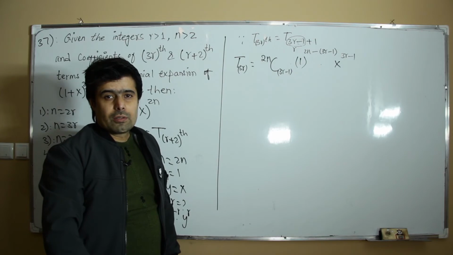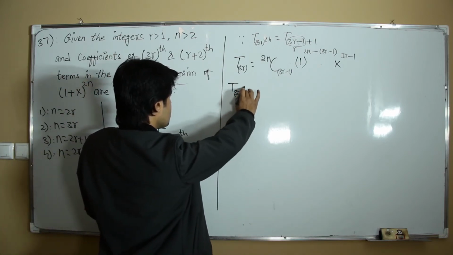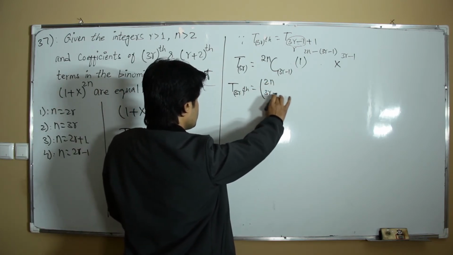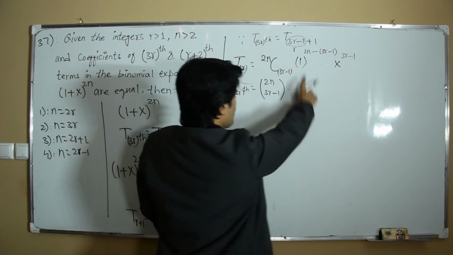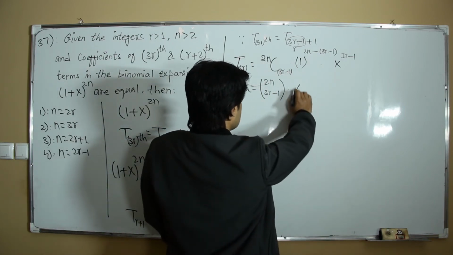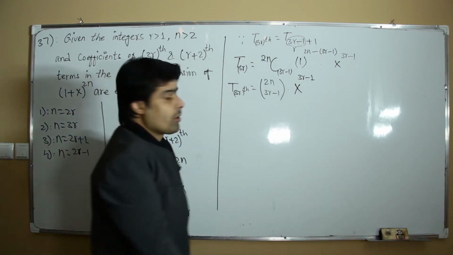I think you have got it. Then t 3r term is 2n C 3r minus 1. 1 to every power is 1. And x to the power 3r minus 1.